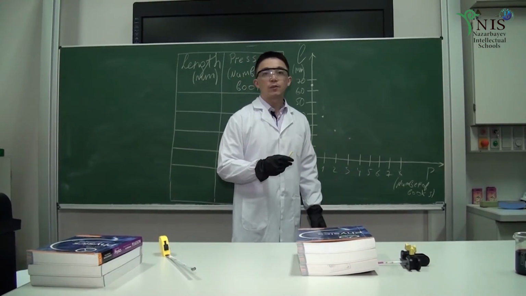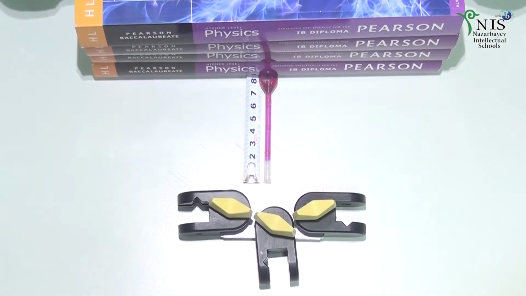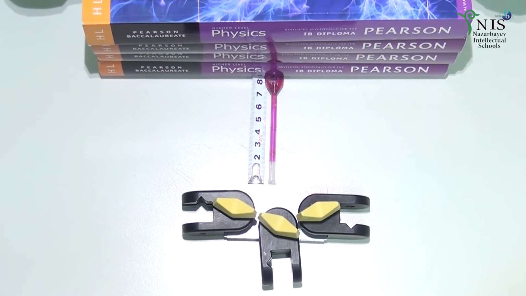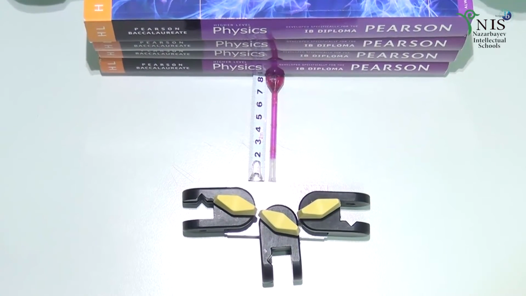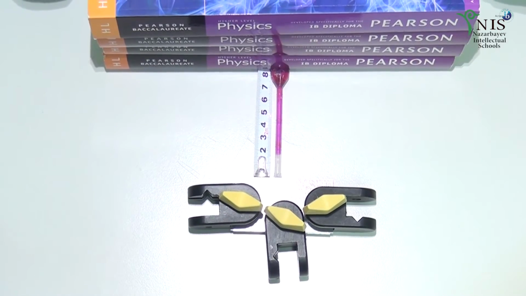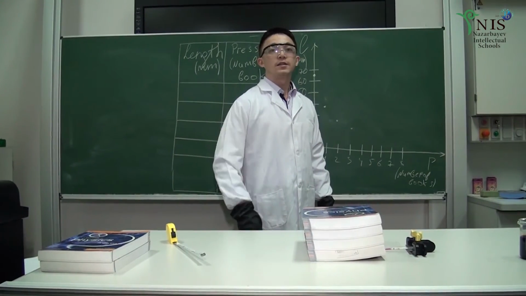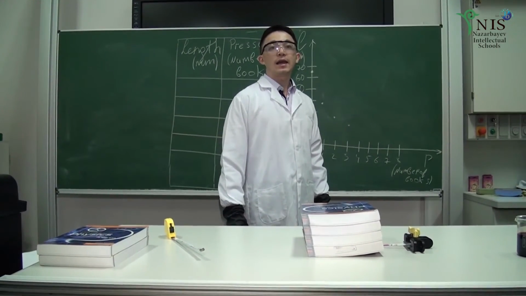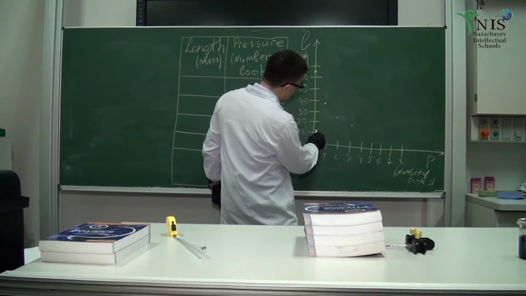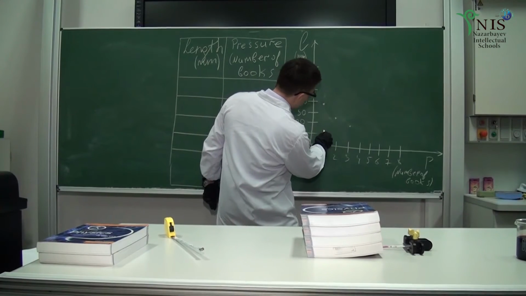Now let's add one more book, please. So we added the fourth book, and now the length of empty space is equal to nearly 13 millimeters, so 13 nearly here.